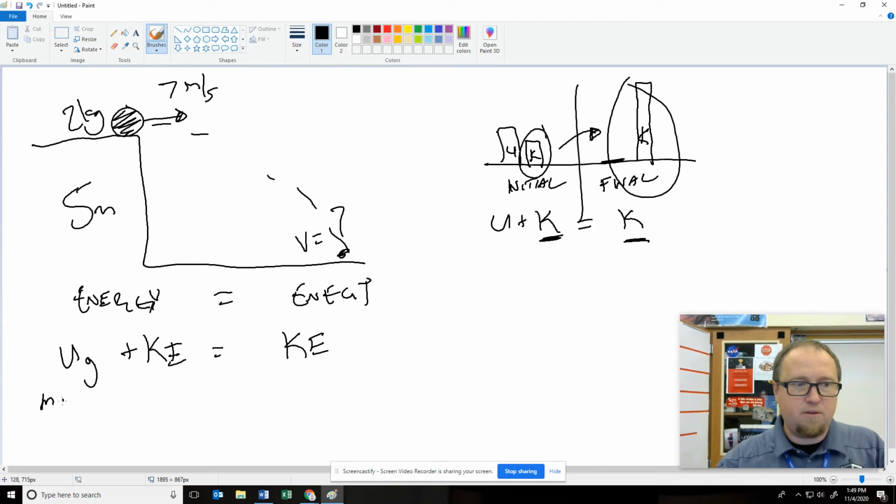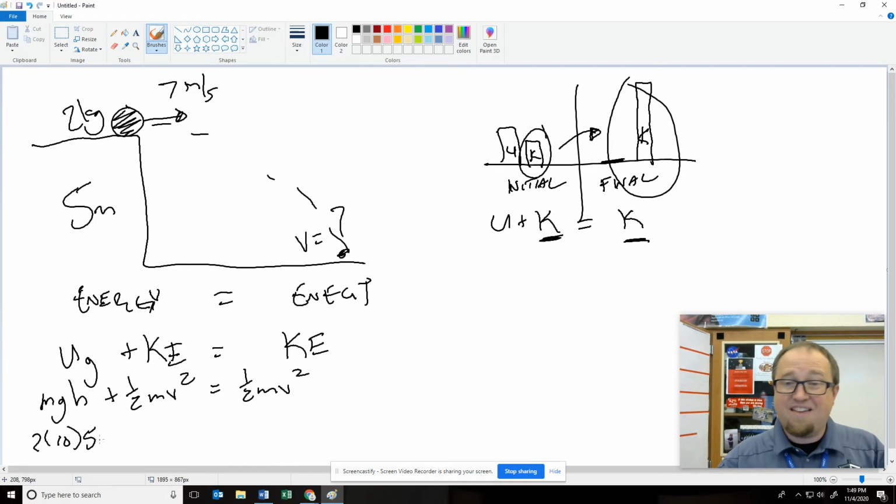So I got mgh plus 1/2 mv squared equals 1/2 mv squared. So this is mgh, 5 meters. It's going to change 5 meters, plus 1/2 mv squared.